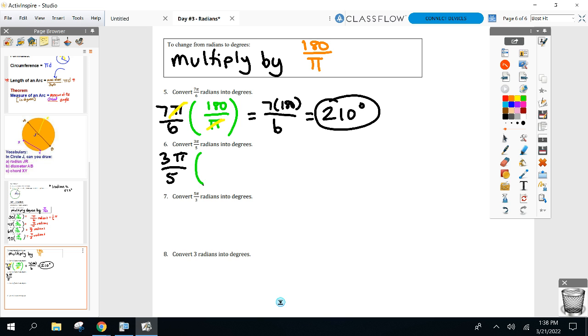All right, go ahead and multiply it by 180 over pi. Again, the pi's do cancel out. Multiply across. Numerator, numerator, denominator, denominator.